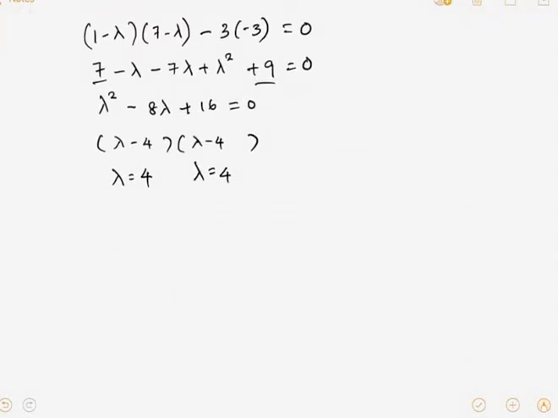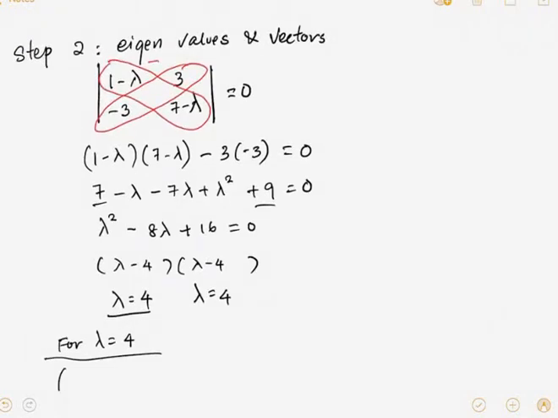Okay, so you have found the eigenvalue, lambda equal to 4. For lambda equal to 4, you substitute the value of lambda into here.